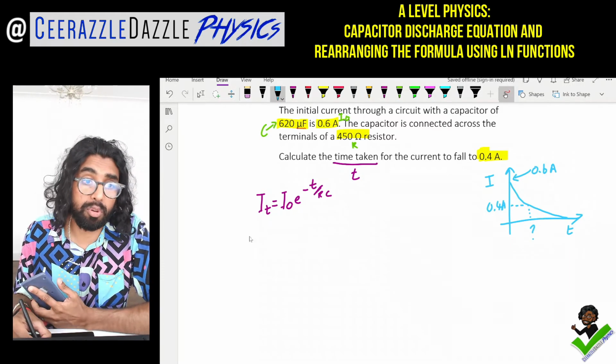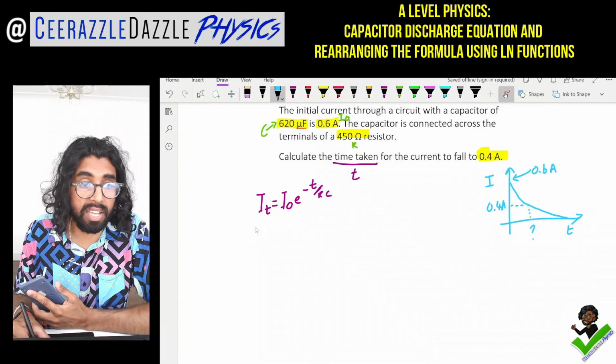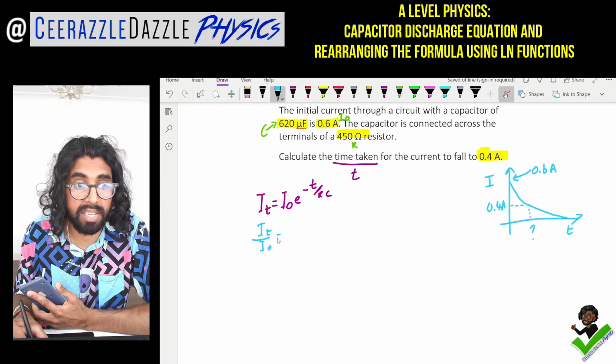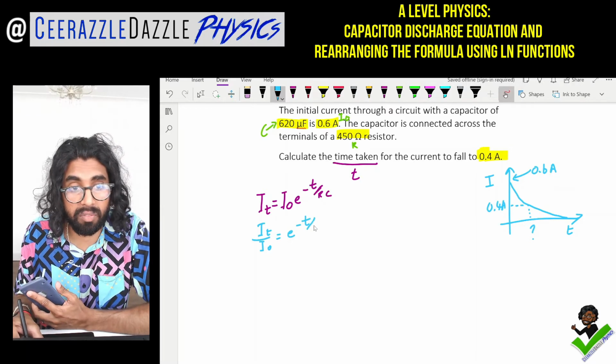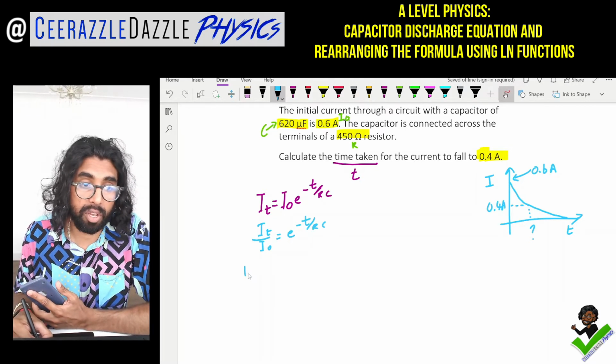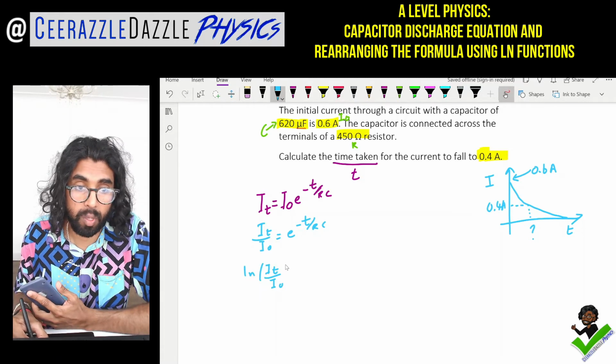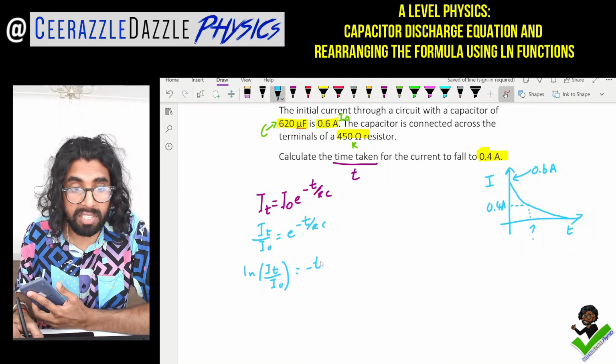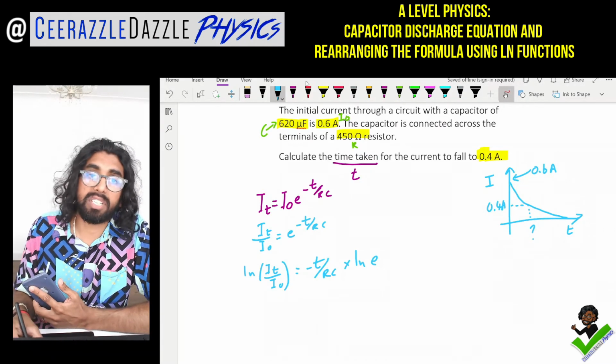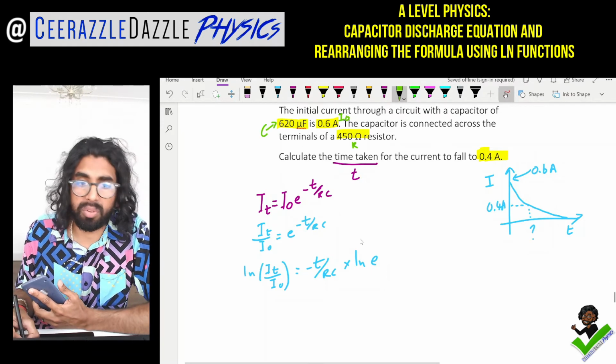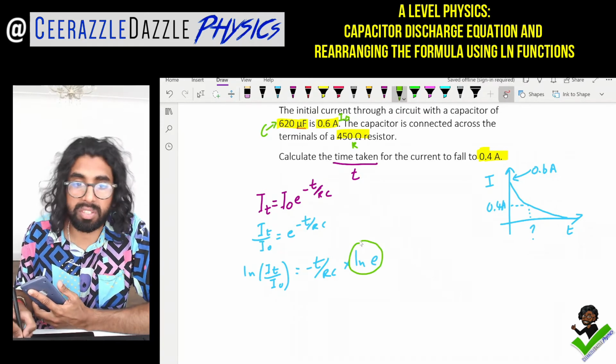So let's rearrange this formula, obviously very slowly again. So I'm going to do I_t over I naught is equal to e to the minus t over RC. Then I'm going to go for ln of I_t divided by I naught is equal to minus t over RC times ln e. And obviously we know that ln e is going to be equal to 1.